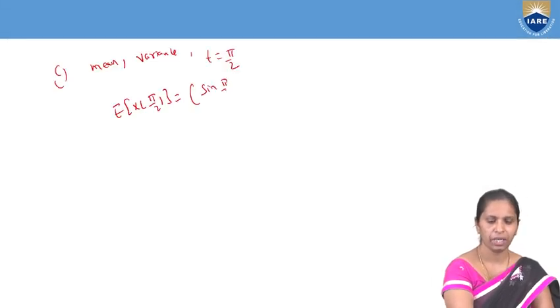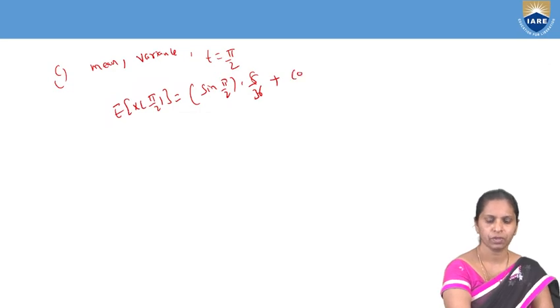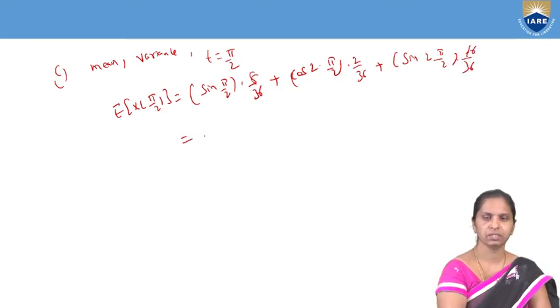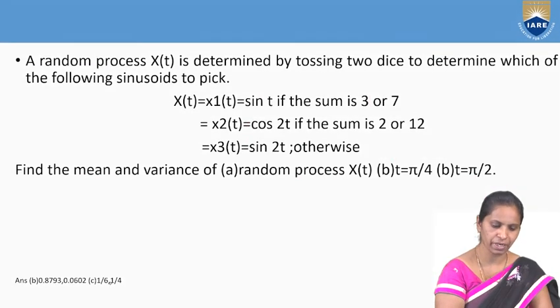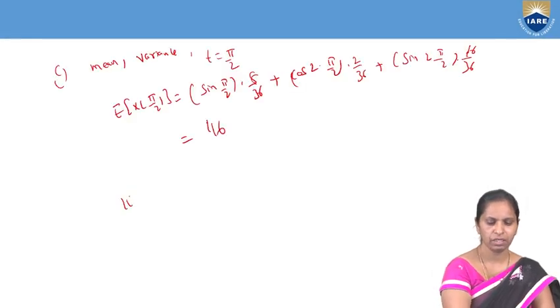Sin pi by 2 into 8 by 36 plus cos 2 pi by 2 into 2 by 36 plus sin 2 pi by 2 into 16 by 36. If I simplify this, the answer is 1 by 6. And similarly, I can calculate the variance at t equals pi by 2.